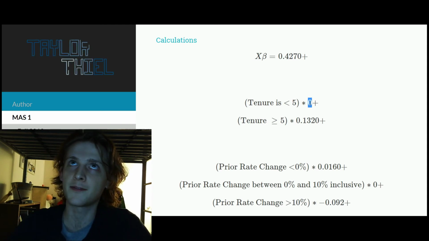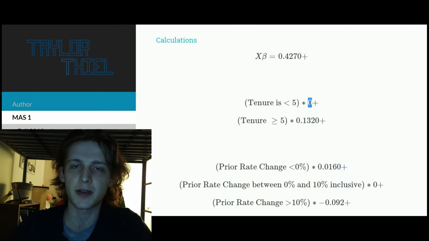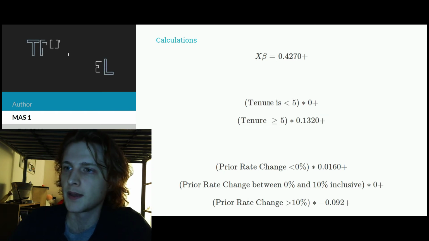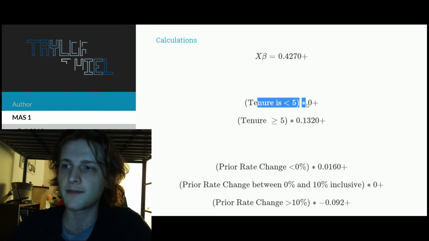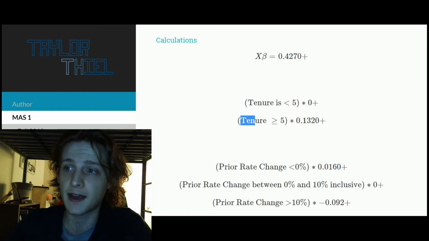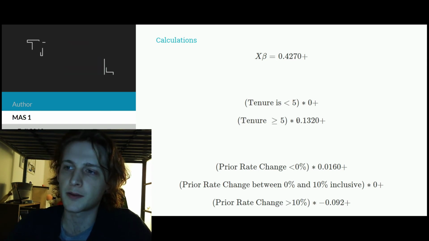And then if an observation deviates from the base case, that's when the prediction gets adjusted by the coefficients. So here, our base case is tenure is less than 5, or that reference level. And then if tenure is greater than or equal to 5, then that's a value of 1, and then you multiply that by the coefficient of 0.132.